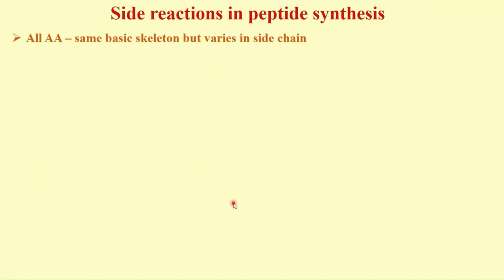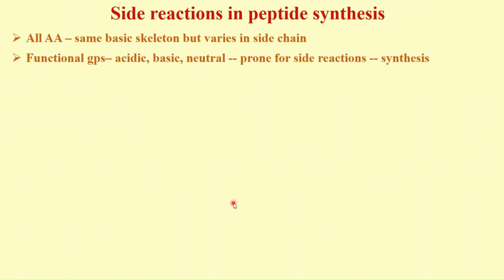Why should this side reaction occur? This is because all the amino acids have a similar basic skeleton, but they have various different side chains. The functional groups present on this side chain may be either acidic or basic or neutral. And this type of functional group present is prone to side reaction during the peptide synthesis.